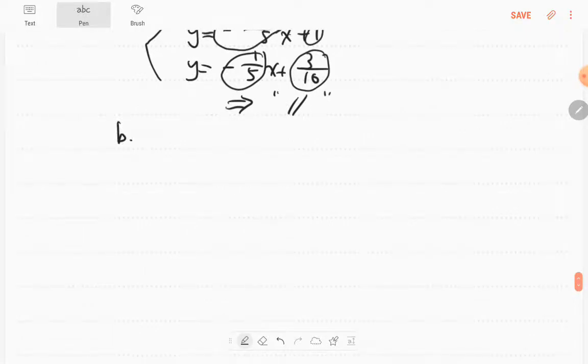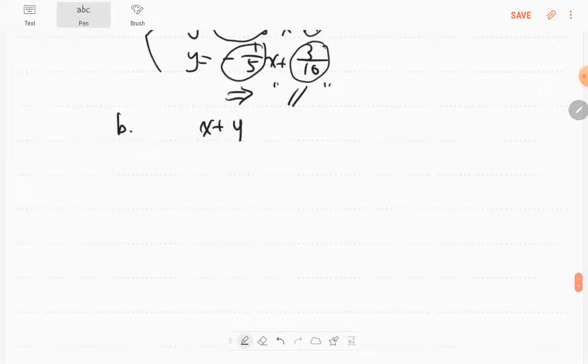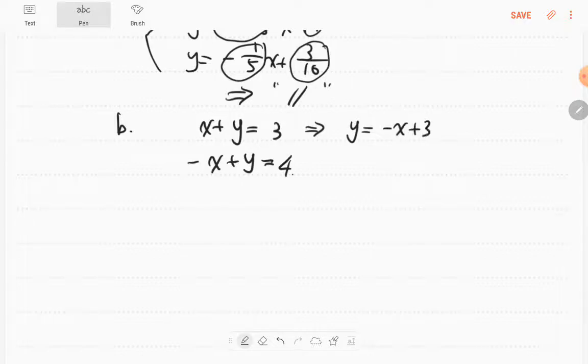Let's check another one. This time, these two are not in slope-intercept form, right? We need to switch them to slope-intercept form first. For the first one, we get negative x plus 3. That's the slope-intercept form.